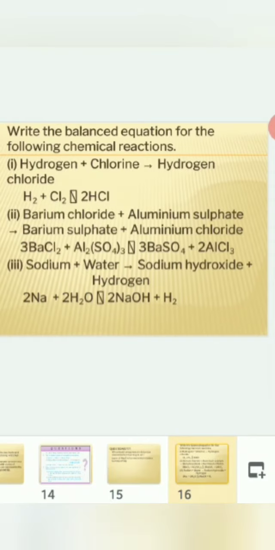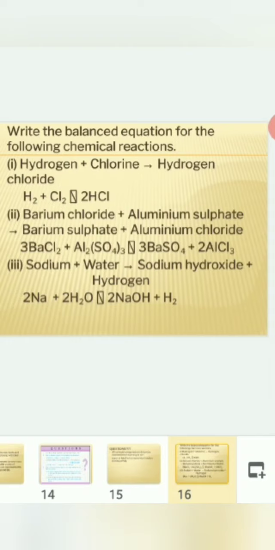Write the balanced equations for the following chemical reactions. Hydrogen plus chlorine gives hydrogen chloride, and the symbolic form is H2 plus Cl2 gives 2HCl. Barium chloride plus aluminium sulfate gives barium sulfate plus aluminium chloride.